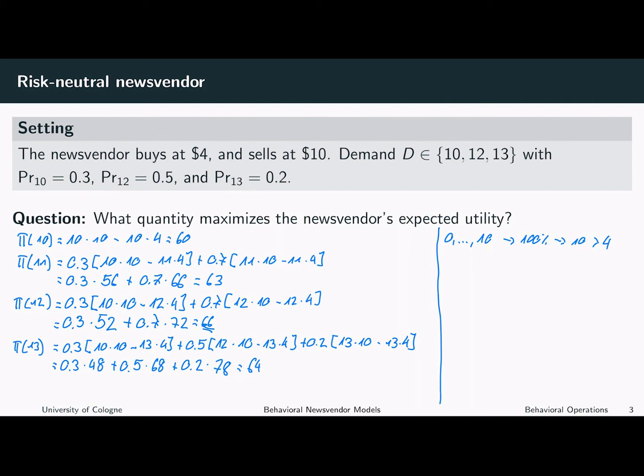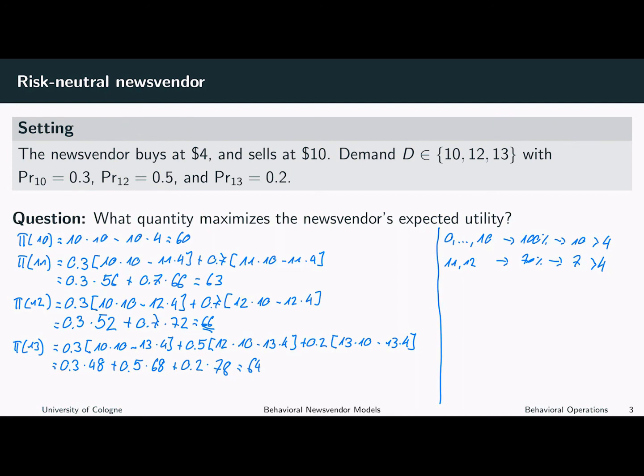What is the probability of selling the 11th or 12th unit? So for the 11th and 12th unit, the probability of selling it is just 70%. Which means you have an expected revenue for each of these units of 0.7 times 10, which is 7, which is larger than 4.